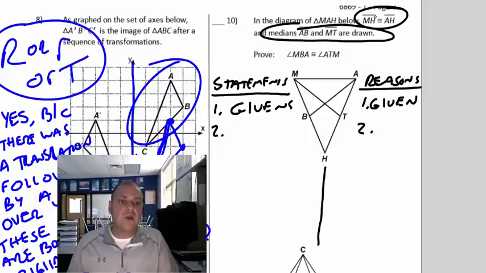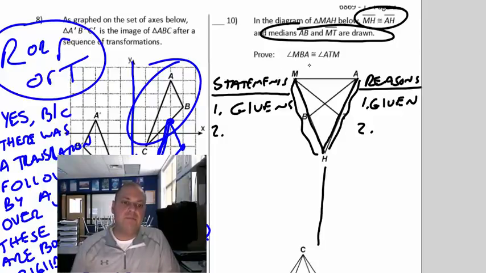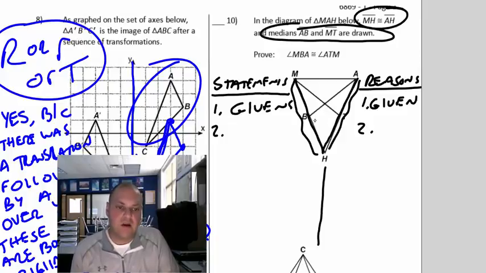Okay, so we are given what? MH is congruent. This right here is congruent to AH. Okay, so we have this is congruent to this. All right, and we're trying to prove angle MBA right here is congruent to ATM right there.